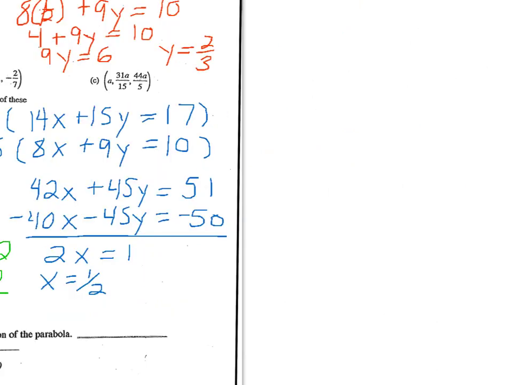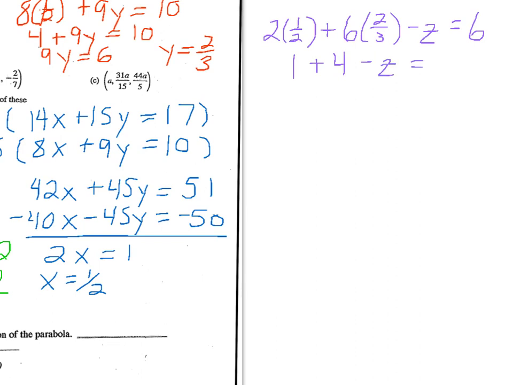So I have 2 times 1/2 plus 6 times 2/3 minus z equals 6. So 1 plus 4 minus z equals 6. So 5 minus z equals 6. So z equals -1.